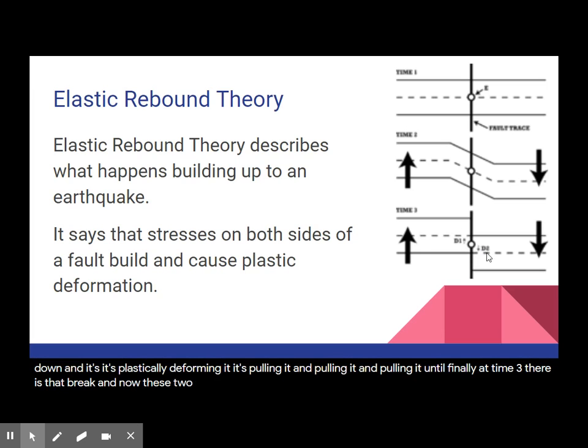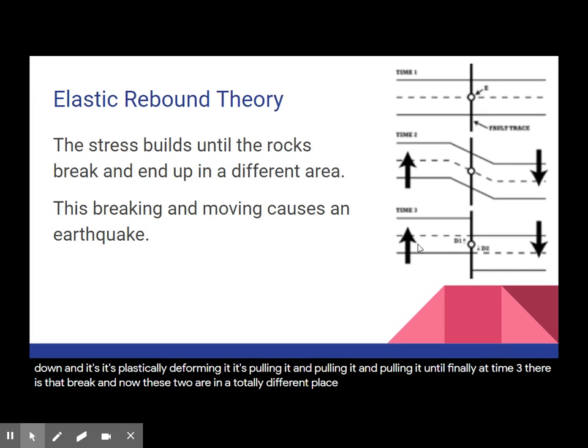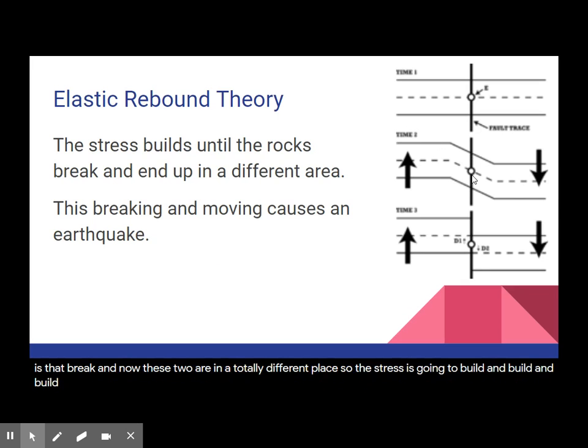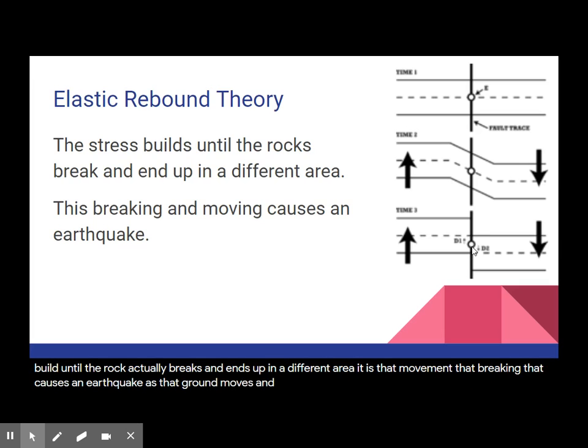And now these two are in a totally different place. So the stress is going to build and build and build until the rock actually breaks and ends up in a different area. It is that movement, that breaking, that causes an earthquake. As that ground moves and breaks apart, it causes an earthquake.